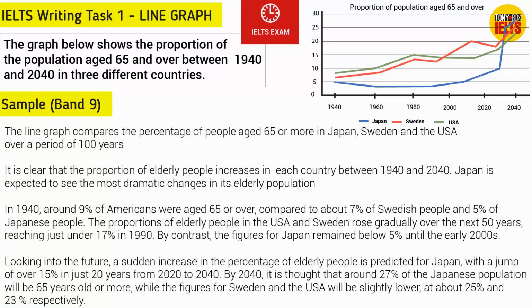Looking into the future, a sudden increase in the percentage of elderly people is predicted for Japan, with a jump of over 15% in just 20 years, from 2020 to 2040. By 2040, it is thought that around 27% of the Japanese population will be 65 years old or more, while the figures for Sweden and the USA will be slightly lower, at about 25% and 23% respectively.